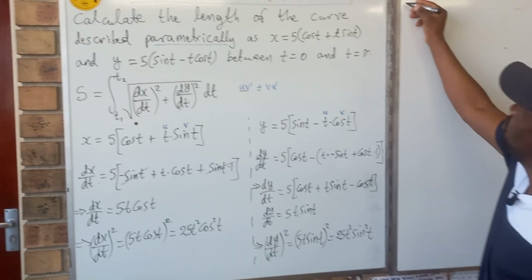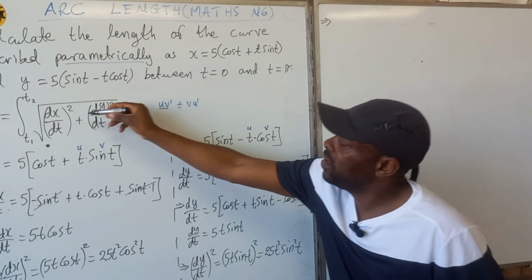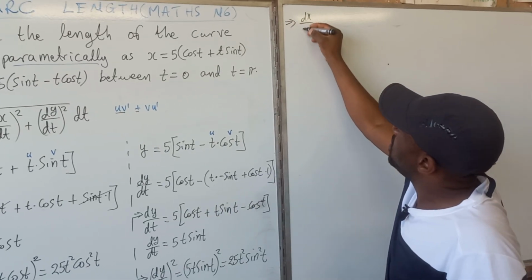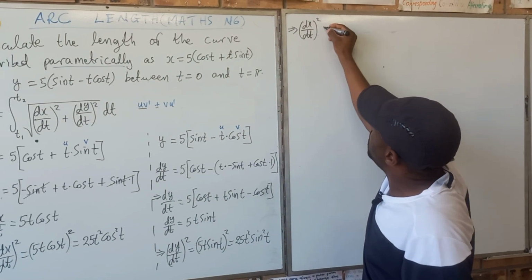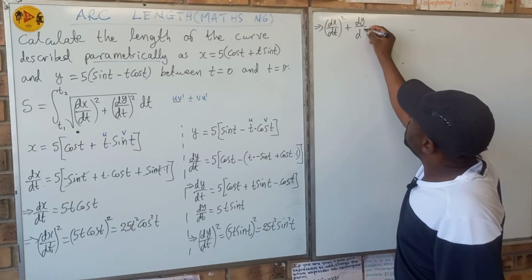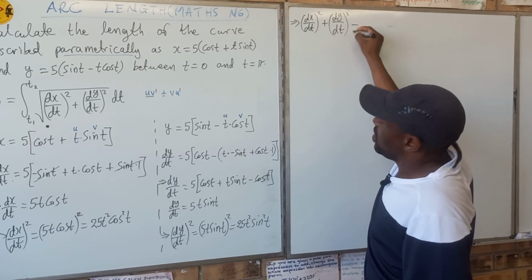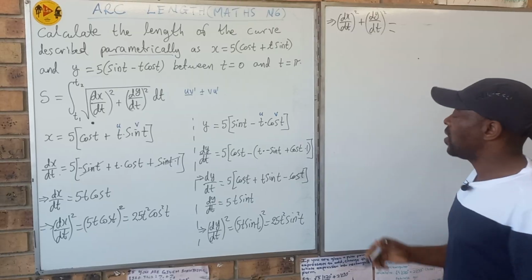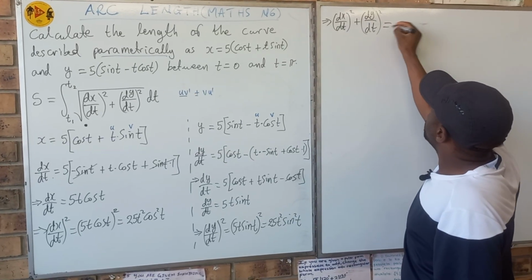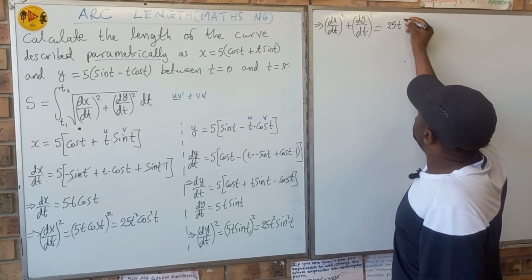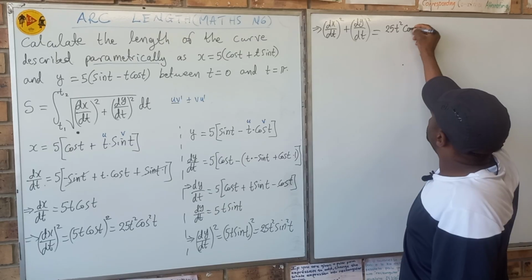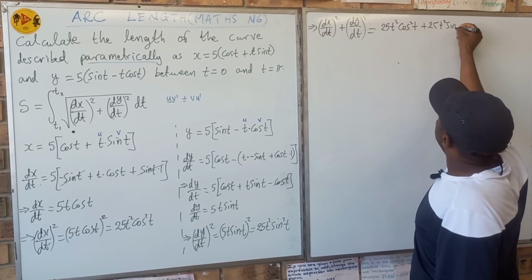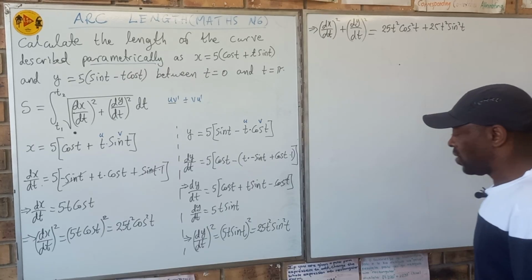We can then pull them together with a positive sign, as the formula is saying. So if I get dx/dt, all that squared, plus dy/dt, all that squared, that means I'm taking this answer plus this one, so I'm getting 25t squared cos squared t plus 25t squared sine squared t. So that's what I'm getting.